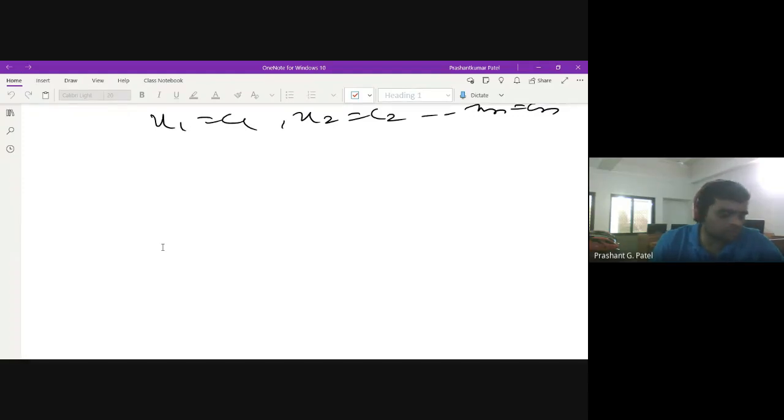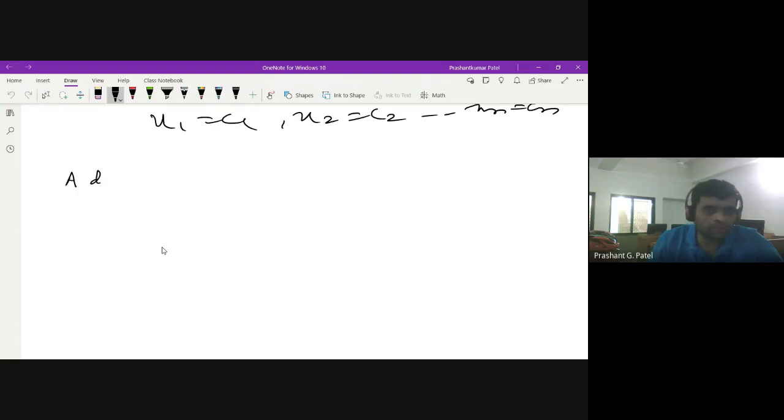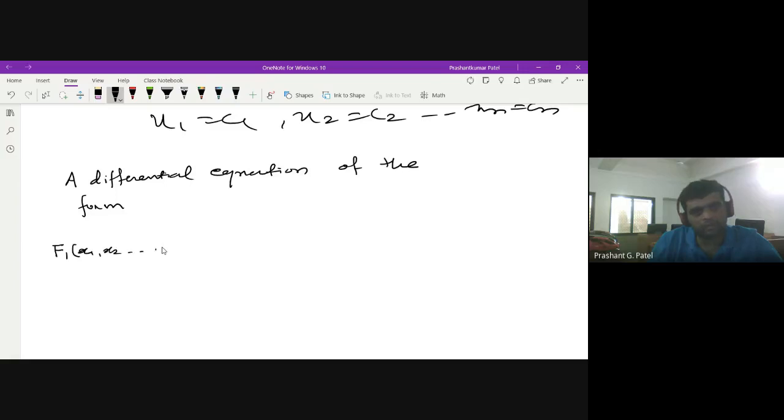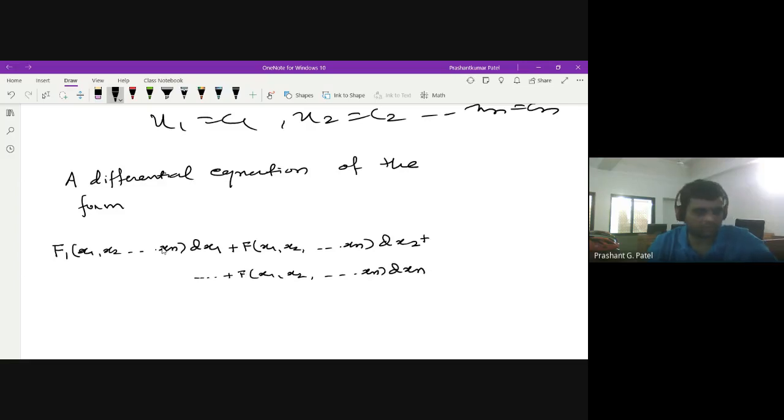A Pfaffian differential equation is a differential equation of the form F1(x1, x2, up to xn) dx1 plus F2(x1, x2, up to xn) dx2 plus so on, Fn(x1, x2, up to xn) dxn equal to 0.